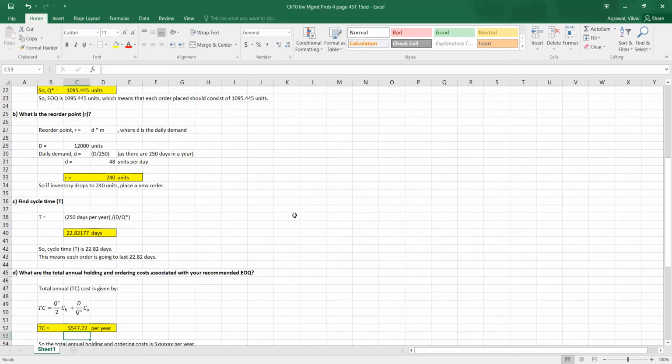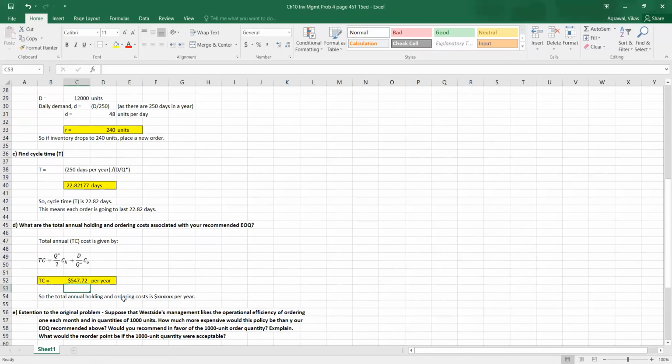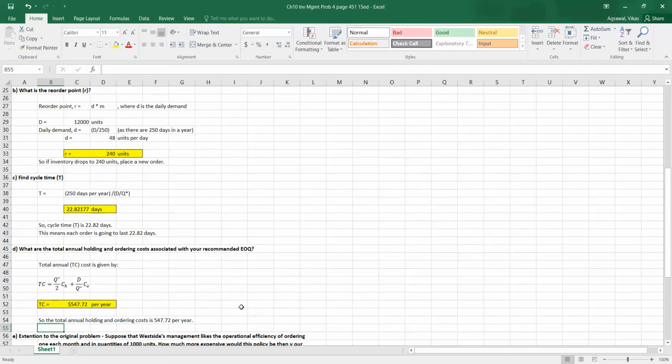Okay, so that's going to give you $547.72. This is how much you're going to spend managing your inventory, which includes ordering the inventory as well as holding on to the inventory for a year in your warehouse. So the total annual cost is $547.72. This is how much you're going to spend per year.